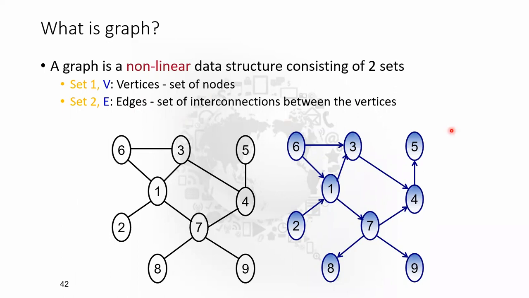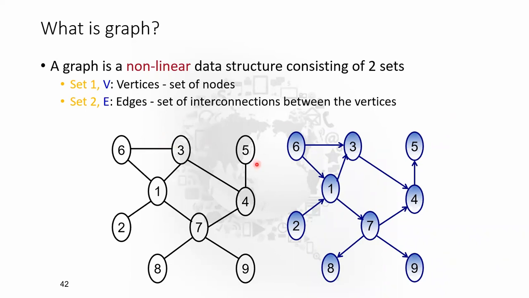When we look at a tree, the data is arranged in a hierarchical form. But a graph is not in hierarchical form. It can be, but it is more about just the connections between the vertices.